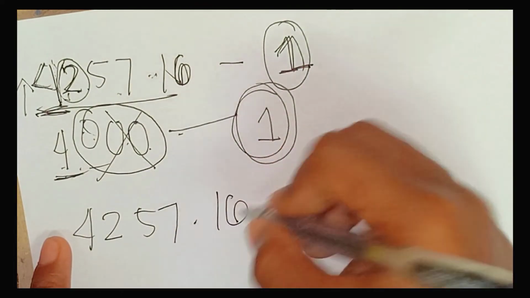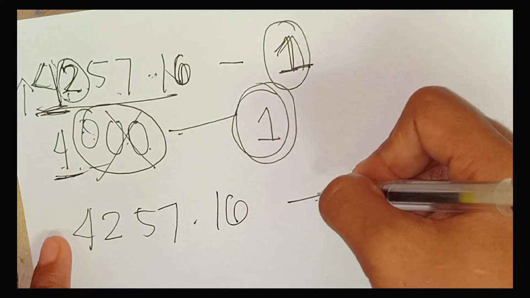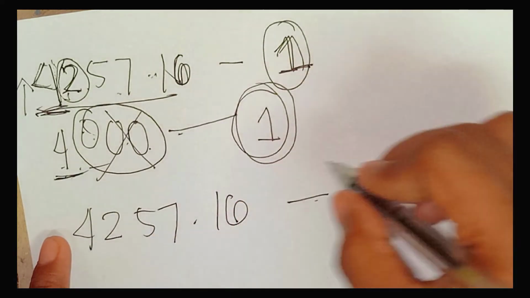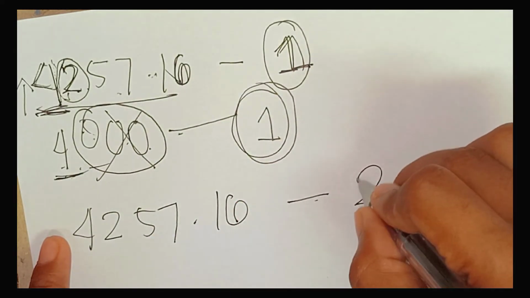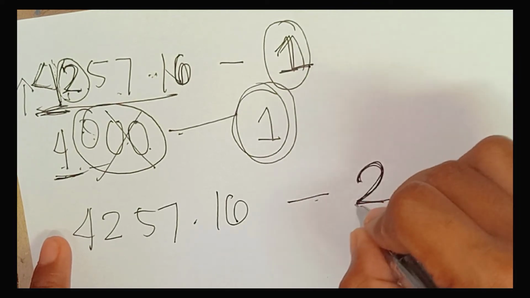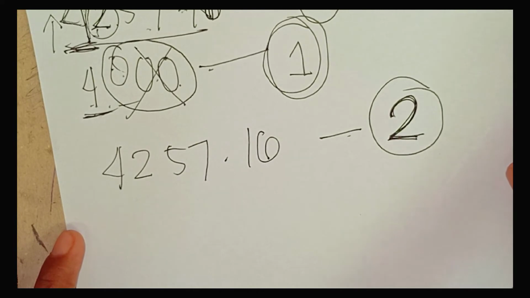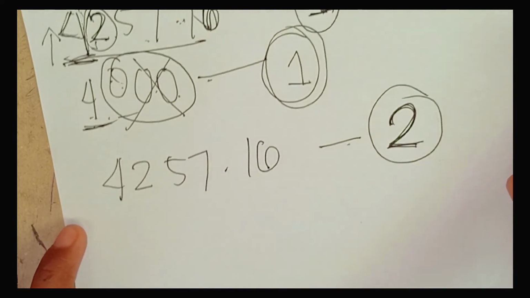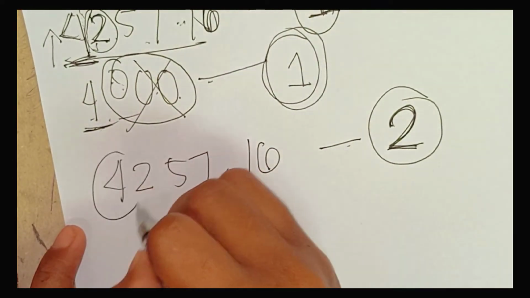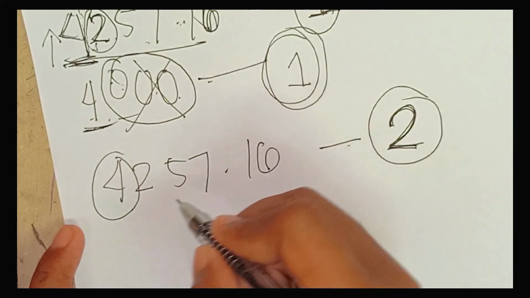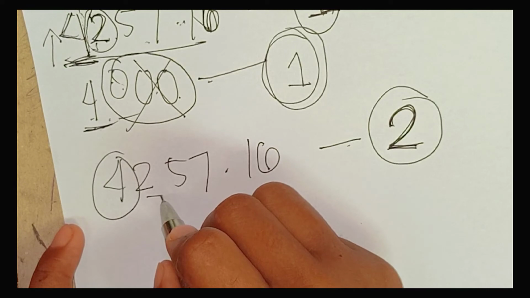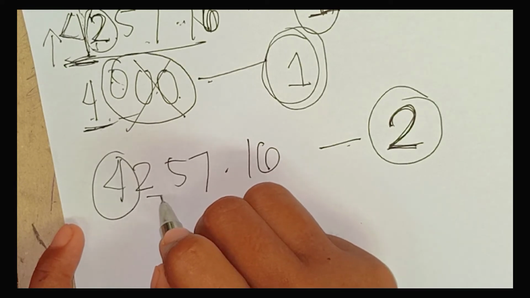Now let's say that we need to round this number to two significant figures. How do we do it? The first digit is 4. Let's proceed to the next digit, which is 2. It's your choice whether you keep it as 2 or round it up.